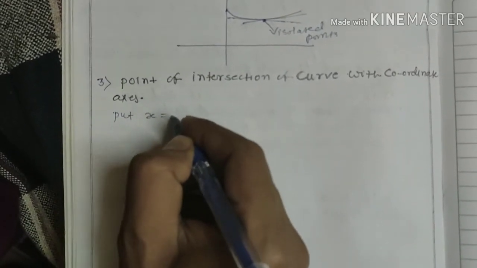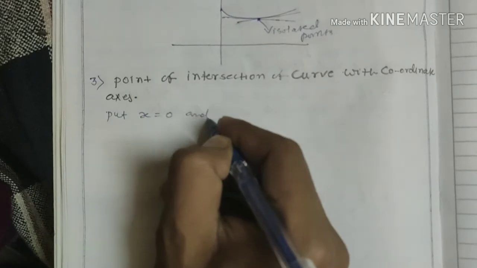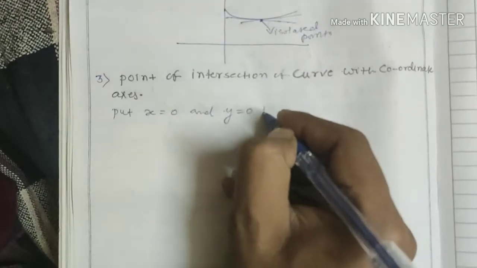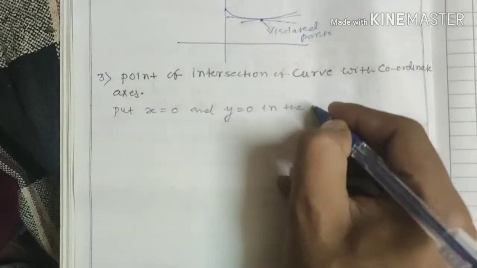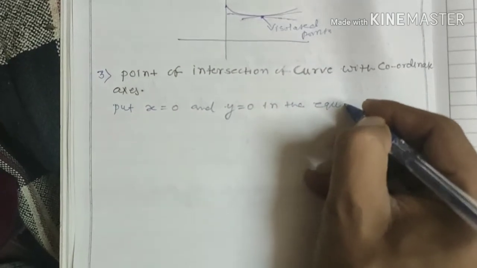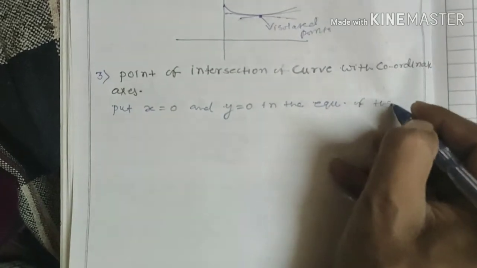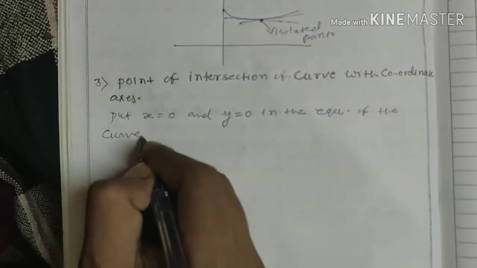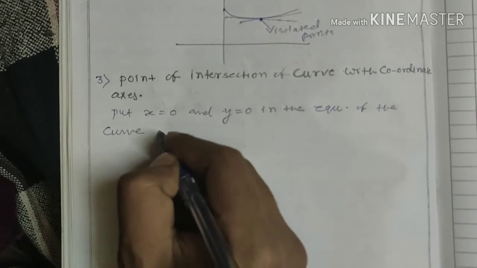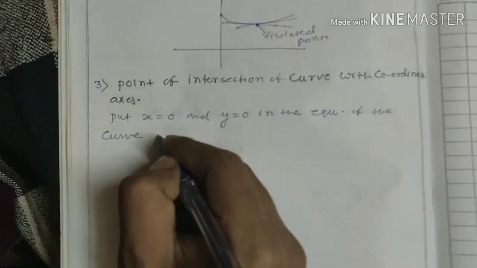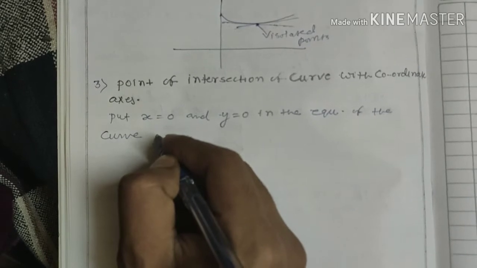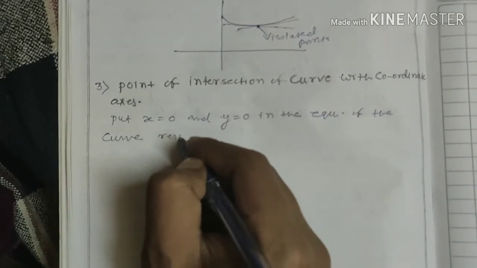Put x equals to 0 and y equals to 0 in the equation of the curve respectively.